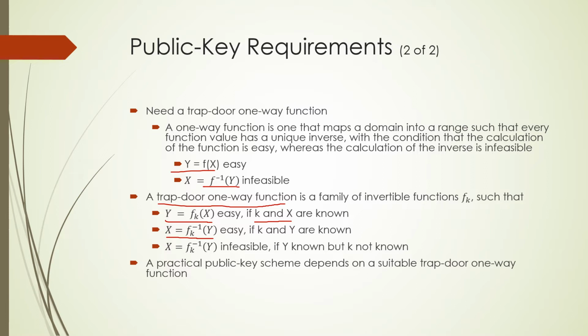What is computationally infeasible is when you have y but you don't know k and you want to reconstruct x. So x equals f inverse of y with the unknown k should be infeasible. And all the practical public key crypto systems depend on a suitable trapdoor one-way function.